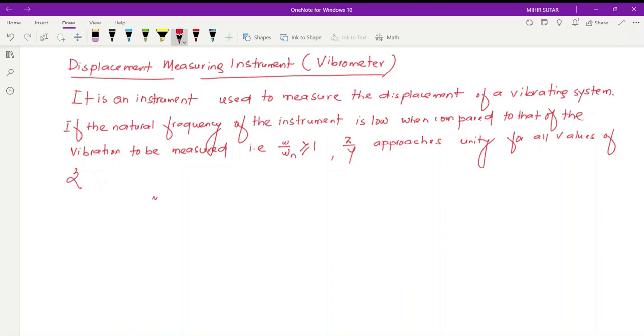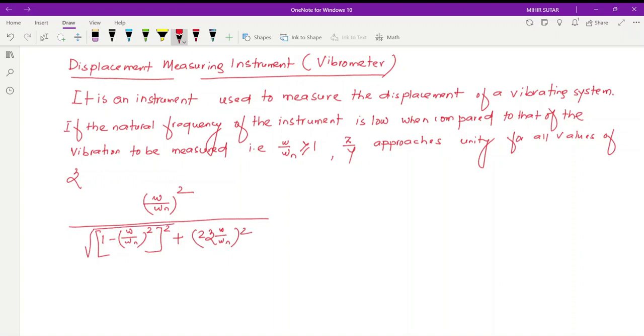So we can say omega by omega n square divided by the square root of (1 minus omega by omega n square) whole square plus (2 zeta omega by omega n) square is almost equal to 1.